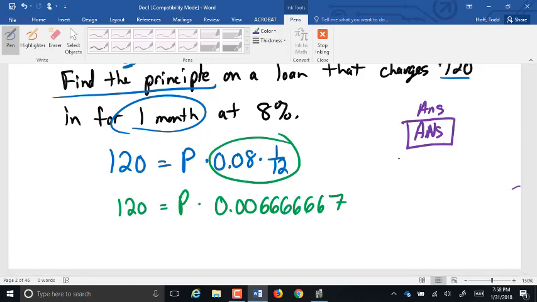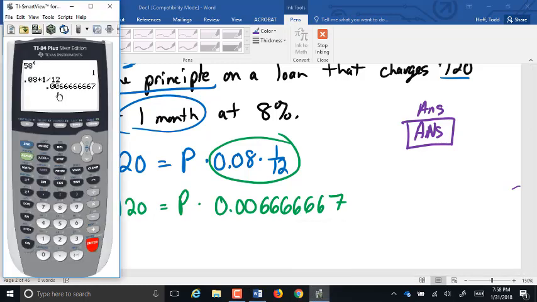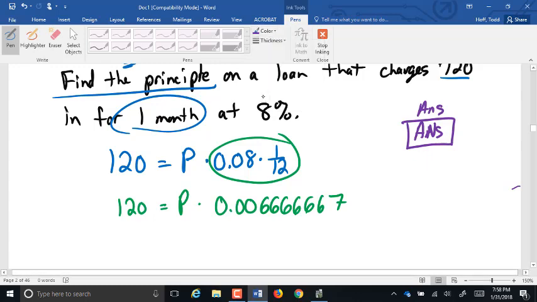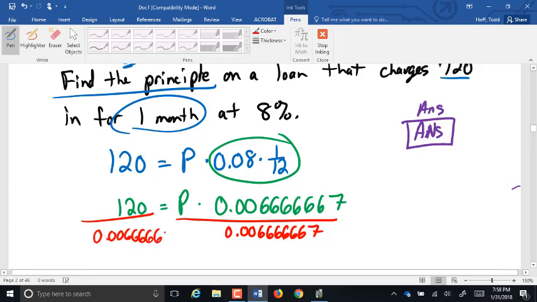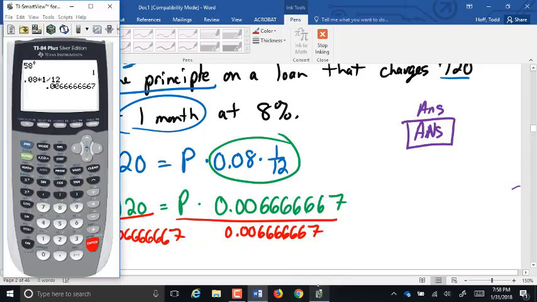So if we're solving this equation here, I just type this in to get that 0.00666667. What's my next step to solve this? I have to divide by that 0.00666667, right? So what I'm going to do in my calculator is type in 120.